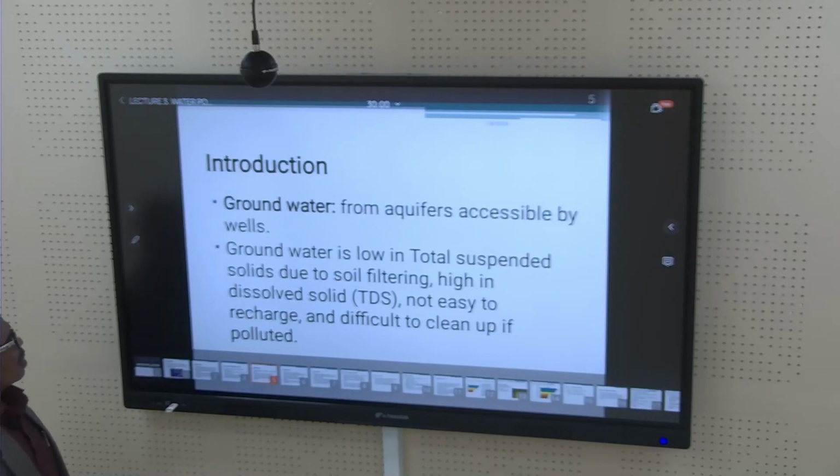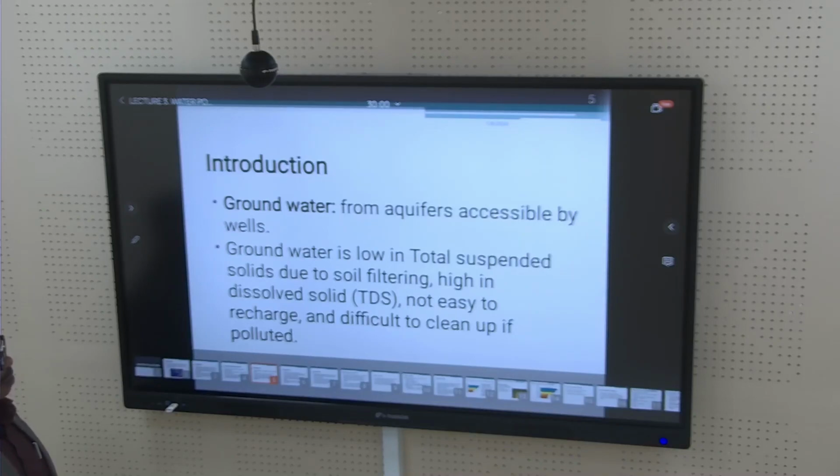Second part, that is groundwater, water from aquifers, accessible by wells. If you drill down there, you can come up with the water through wells. So groundwater is low in total suspended solids due to soil filtering.